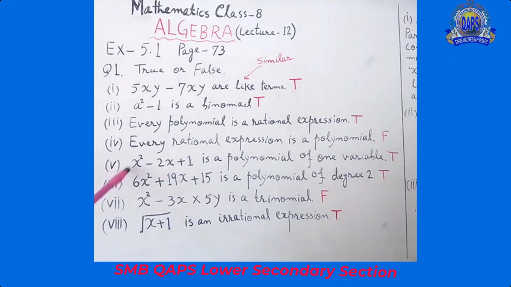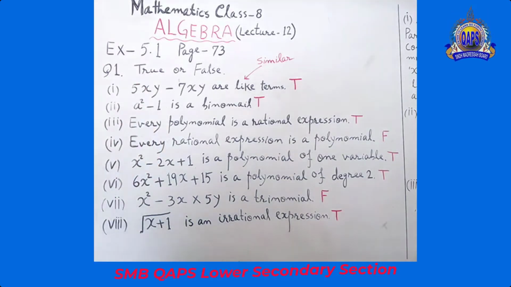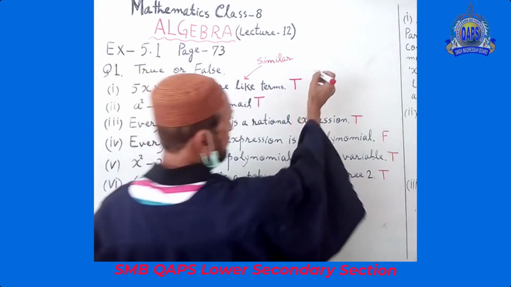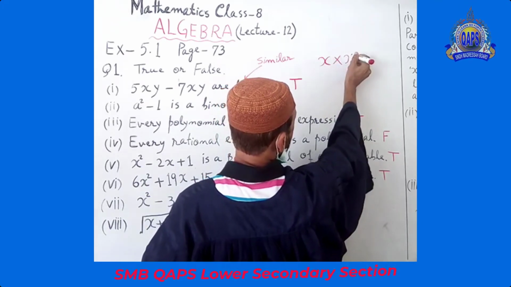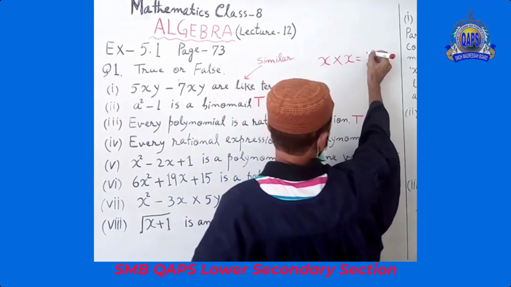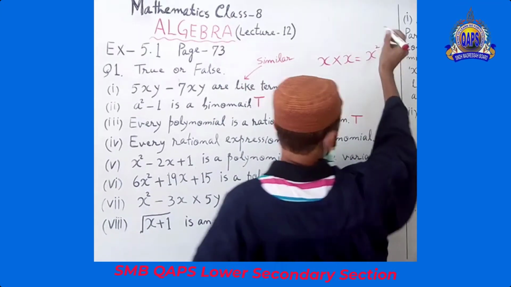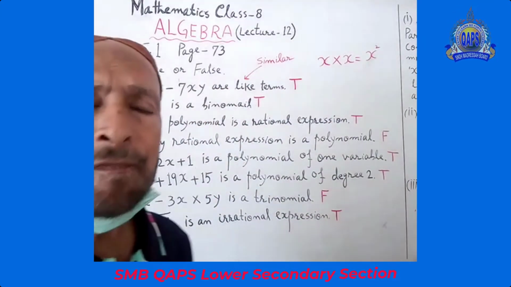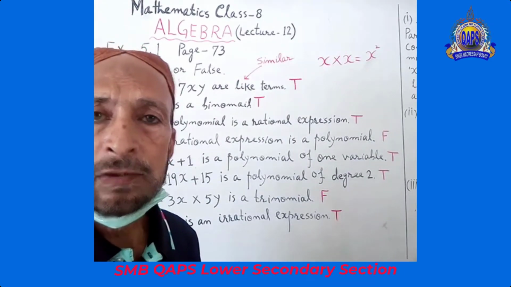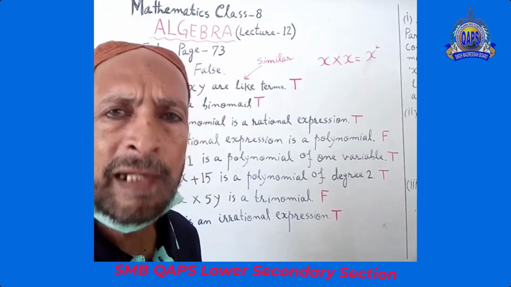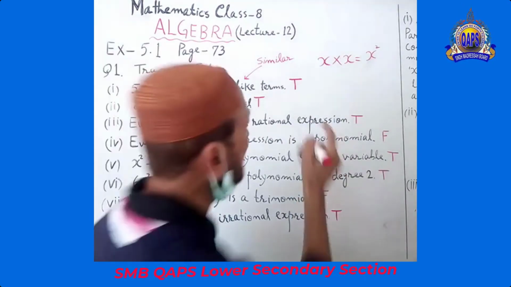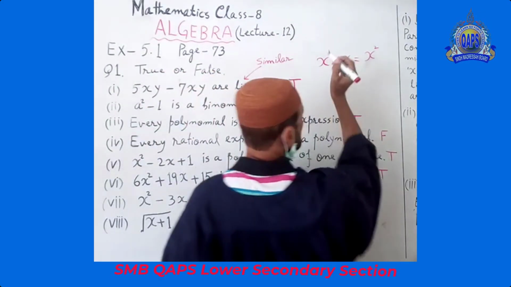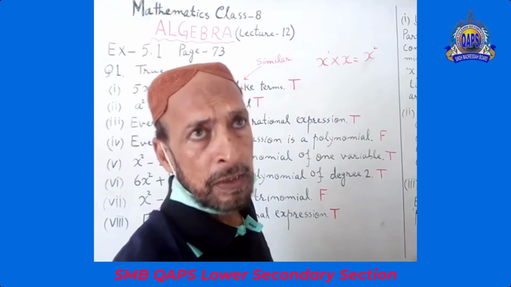This is x power 2. You understand what does it mean? Look at over here. When we multiply the variables, the powers are added. Try to understand this thing. We have the power of x over here 1 multiplied by x.